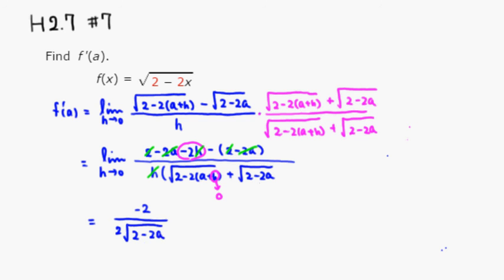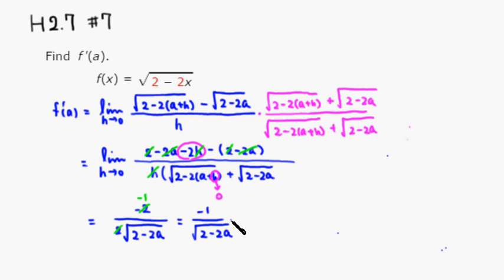In this case we can still cancel the 2 and the 2 here, so it's going to be negative 1 on top over the square root of 2 minus 2a.